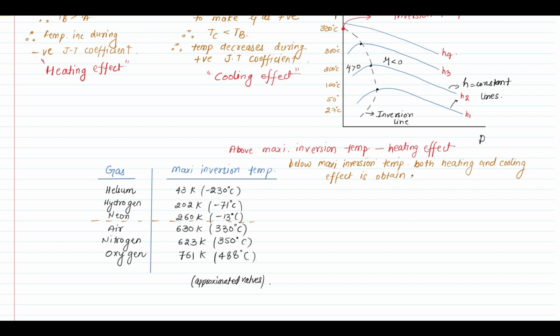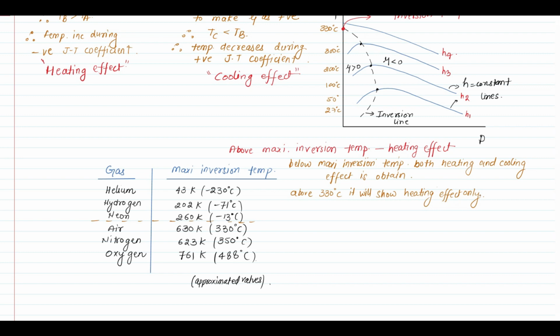But if a gas is throttled from above 330 degrees centigrade, we will only find the heating effect from the gas. Above 330 degrees centigrade, it will show only the heating effect.